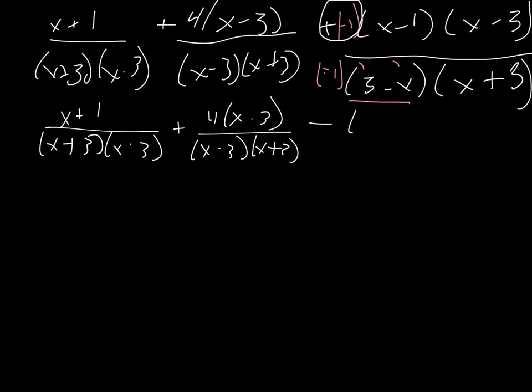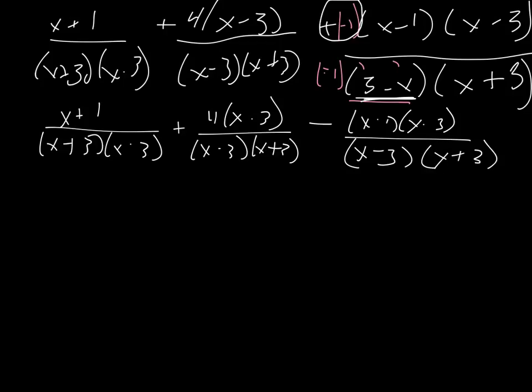And then I have x minus 1 times x minus 3 all over, and this one here switches then to x minus 3 and x plus 3. If you want to confirm that that's correct, if you multiply negative 1 by 3, that'll give you a negative 3. And a negative 1 by a negative x gives you a positive x.